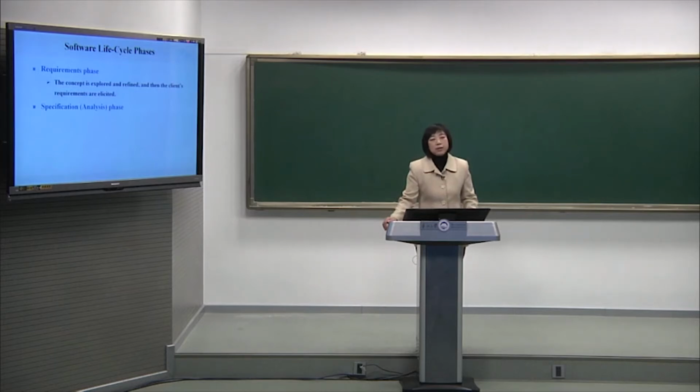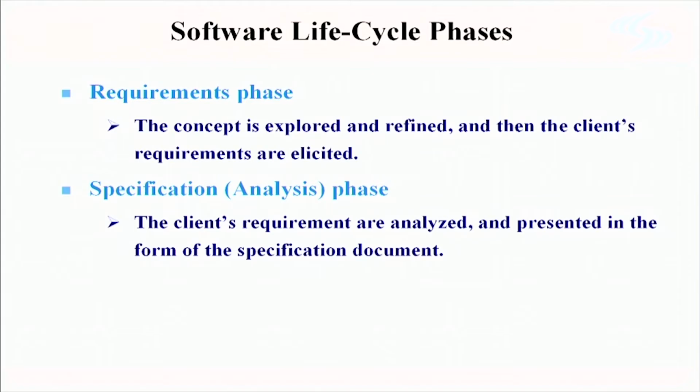It's also called analysis. The client's requirements are analyzed and presented in the form of the specification document. So that means this phase should define exactly what the target product, the target software is supposed to do. So that means it should answer the question of what?